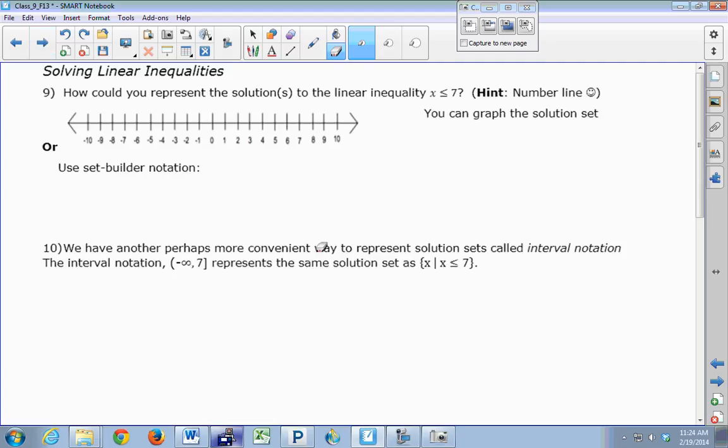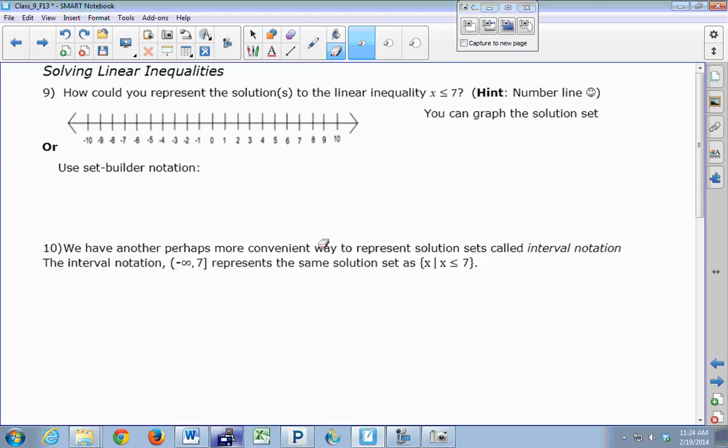So solving linear inequalities, we want to introduce to you a new way to write a solution set. So how could we represent the solutions to this inequality? Can someone read me this inequality? What does this inequality say as you read it left to right? Brittany?